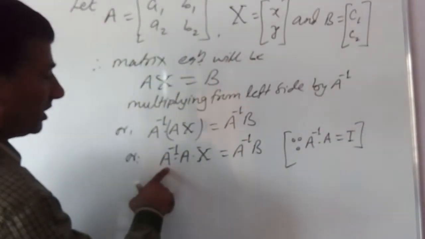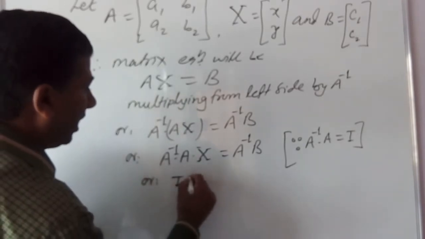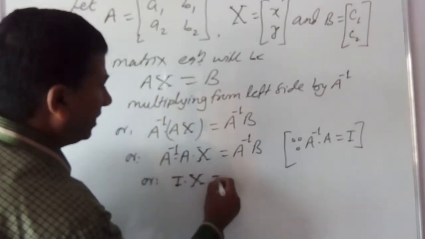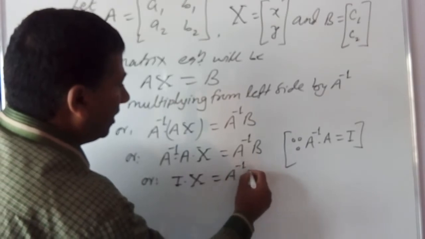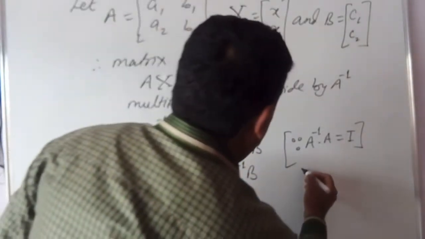Now in place of this A inverse A we can write I times X. This I means the multiplicative identity matrix.